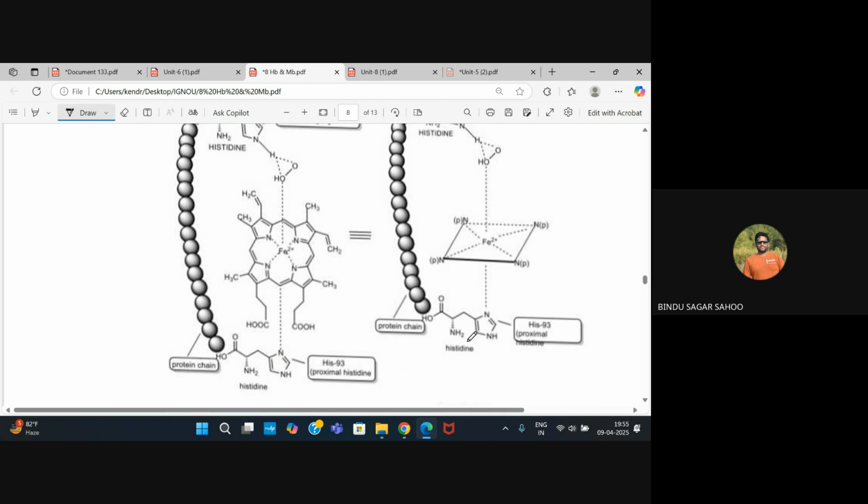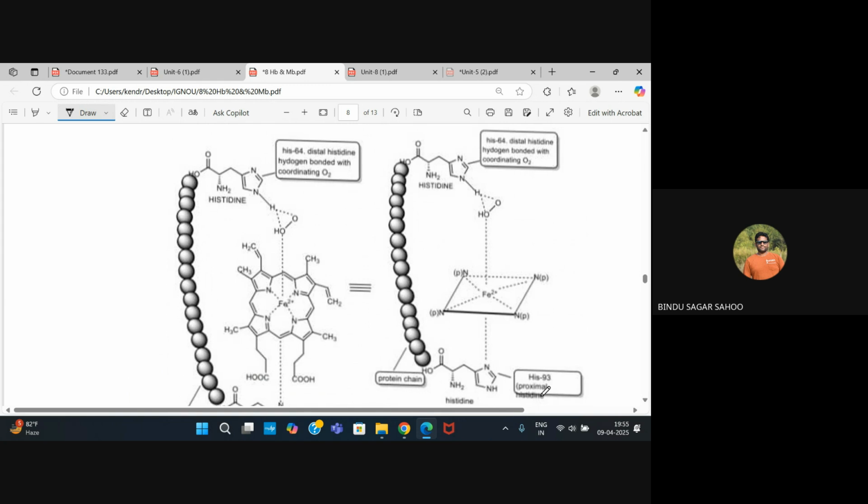That means through the proximal histidine side, oxygen binding doesn't occur. Through the distal histidine side, oxygen binding occurs. And further, this histidine will be connected with another amino acid, and it will form a protein chain, or I can say the globin chain, like that.